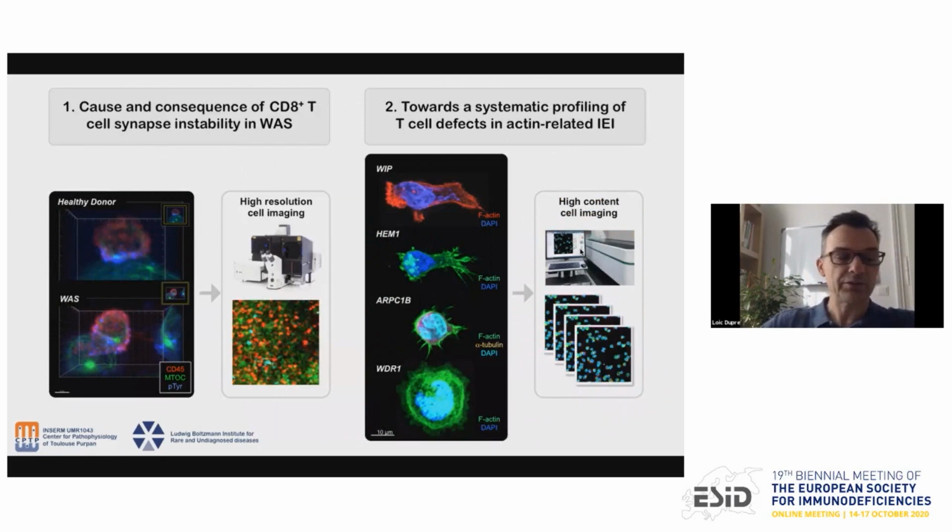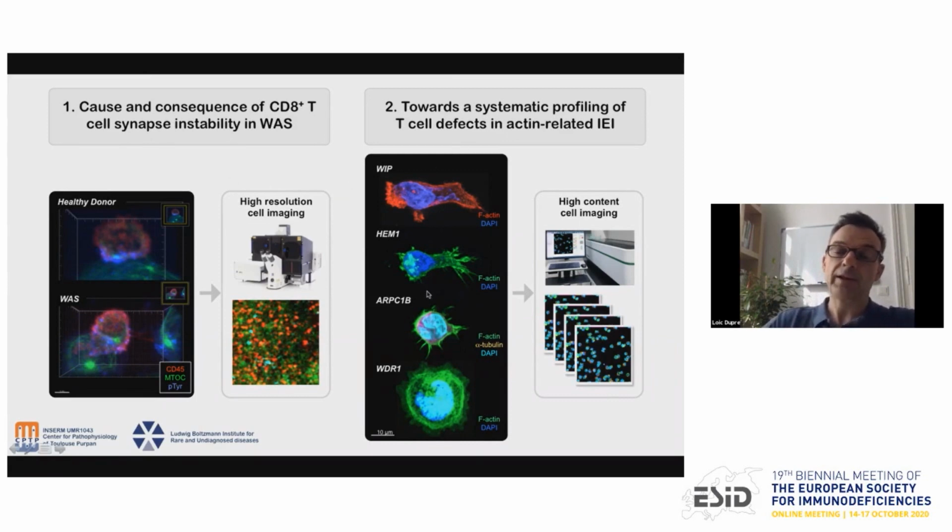So I will now spend the rest of my presentation first zooming in on the Wiskott-Aldrich syndrome immunological synapse and show you how the use of high-resolution cell imaging approaches has helped us to understand the cause and consequences of the T-cell synapse instability in the Wiskott-Aldrich syndrome.